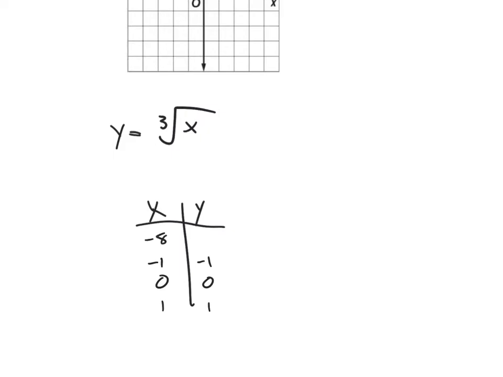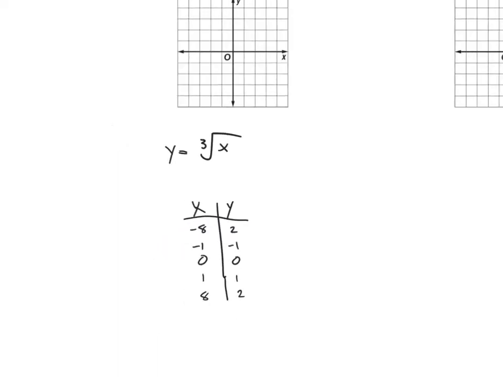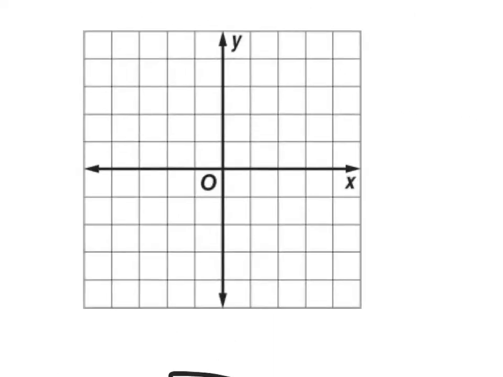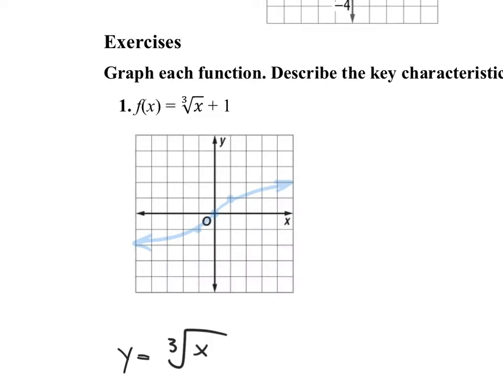And the next perfect cube is negative 8 and 8. So a lot of times you won't get very many of these points to show up on your graph unless you scale it. But this is the parent function. So I'm going to graph it in a highlighter color. It'd start at 0, 0, go there and there, and it wouldn't quite make it up to 2 yet. So it's going to look a little bit like that, and this one's going to look a little bit like that. So that's the parent function.